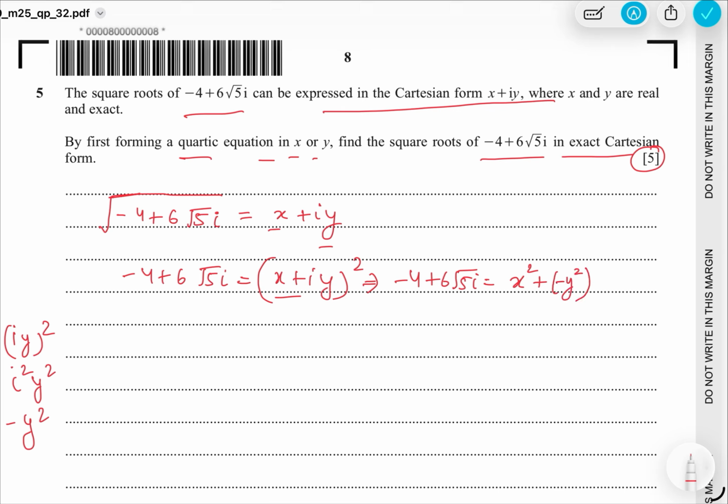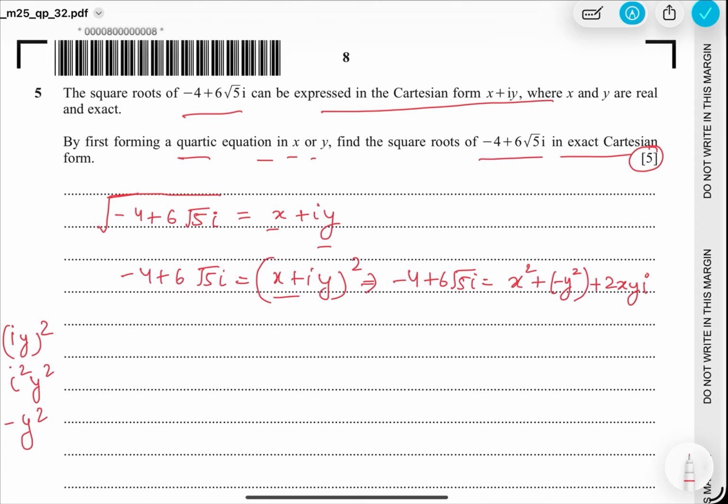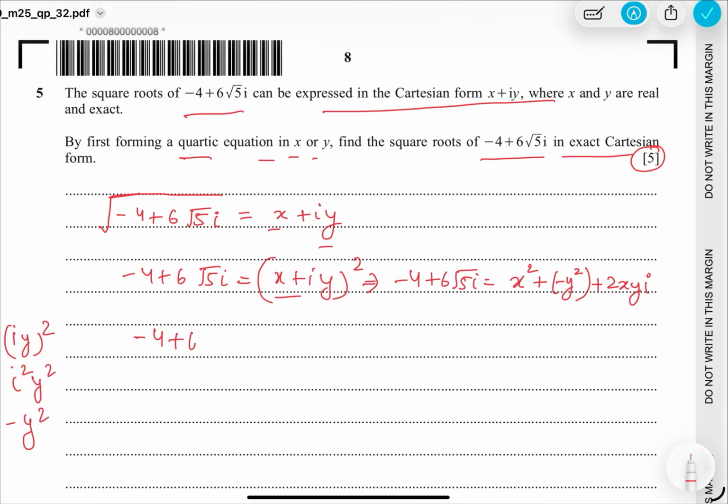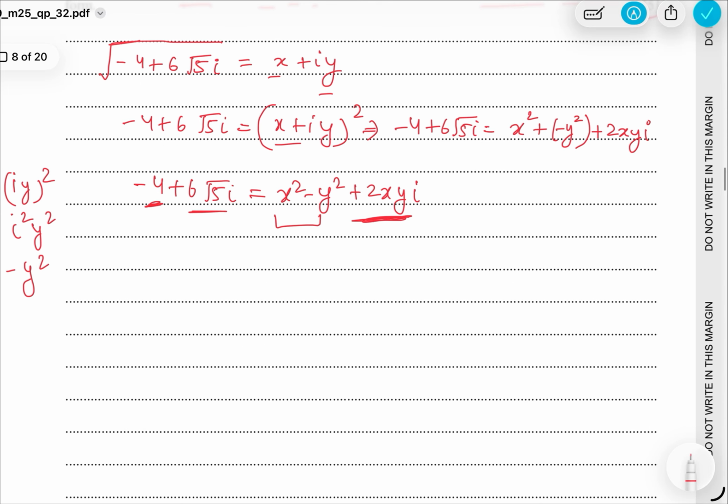Alright, plus 2xy iota. So we will get negative 4 plus 6 root 5 iota equals x square minus y square plus 2xy iota. This is the imaginary part and this is the real part. This is the real part, this is the imaginary part. Equate them. Equate them fast.